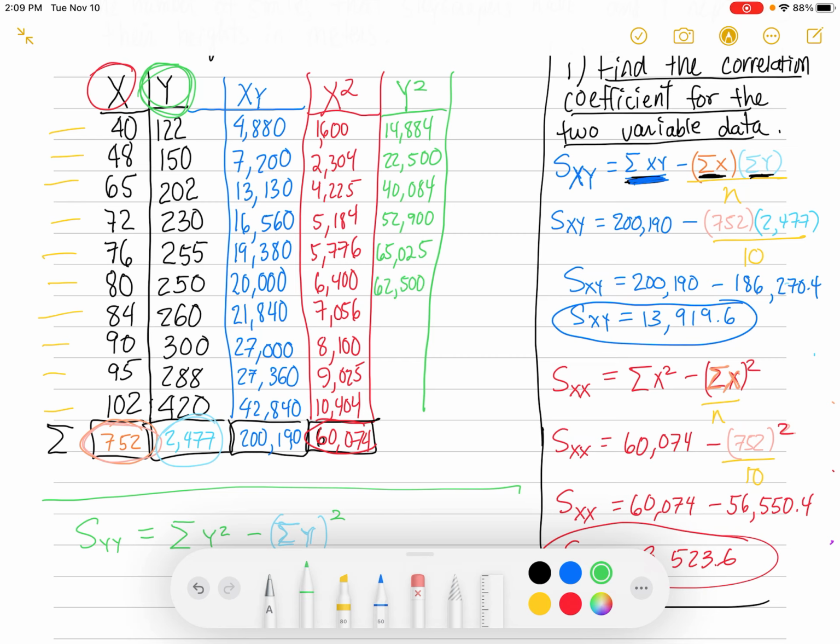That's what happens when you square 250. 250 squared is 62,500. 260 squared is 67,600. 300 squared is 90,000. 288 squared is 82,944. 420 squared is 176,400.